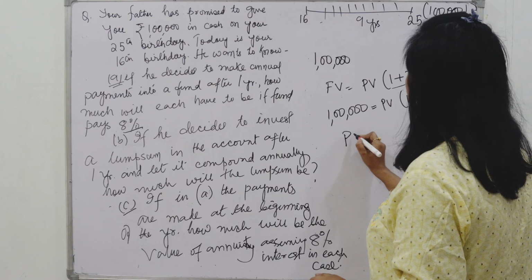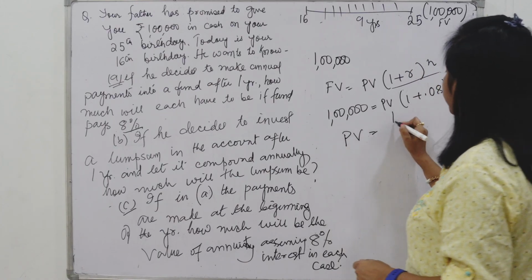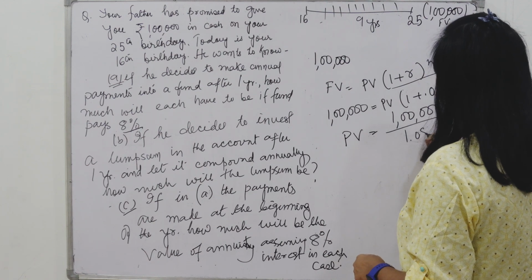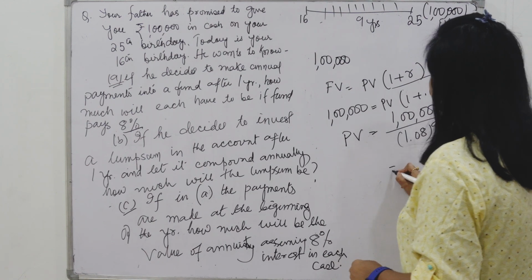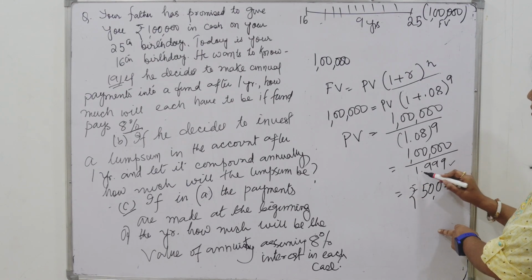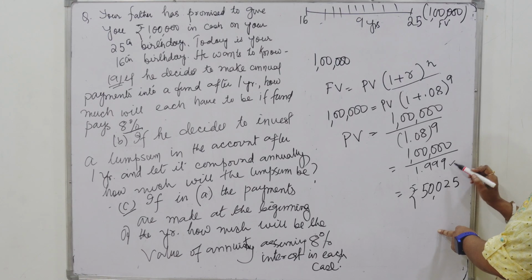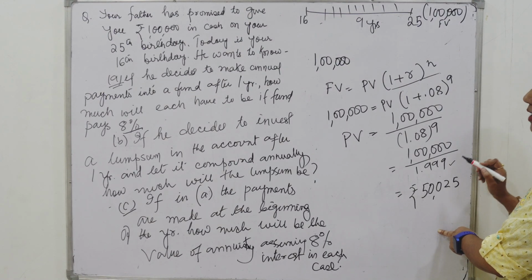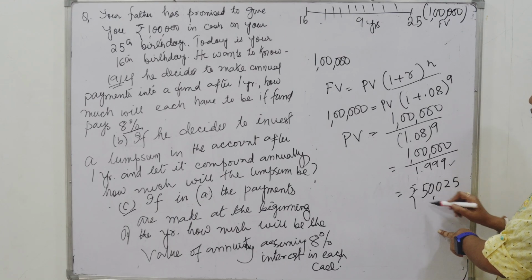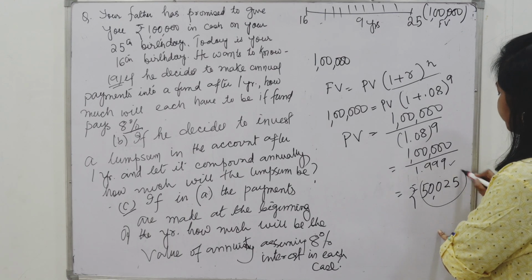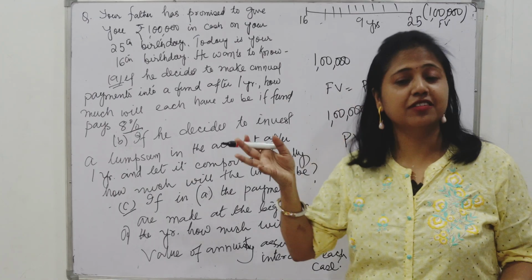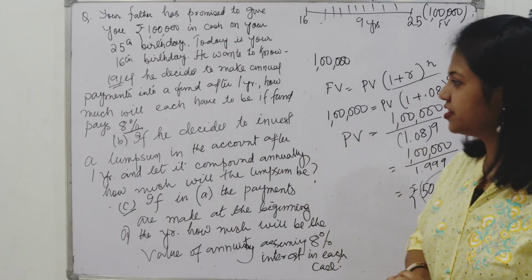So your present value will be 1 lakh divided by this value, 1.08 to the power 9. So let's see how much it is. So you can see that this value comes to be 1.999. So the future value factor for 9 years at 8% interest is 1.999. So he has to keep 50,025 rupees today to get 1 lakh after how many years? After 9 years. Okay, interesting.